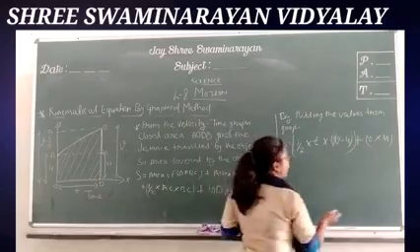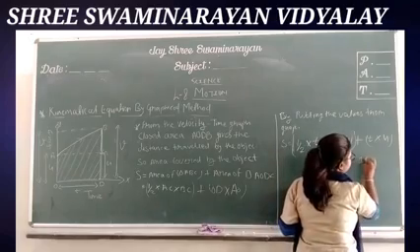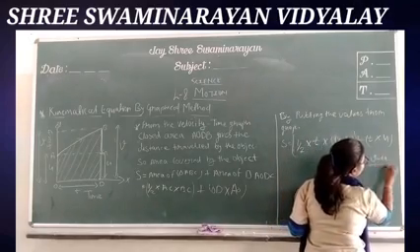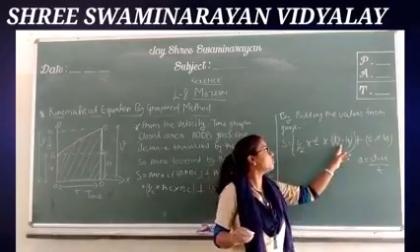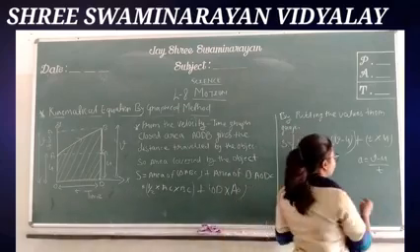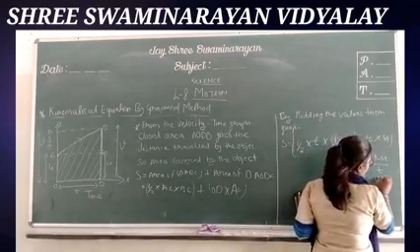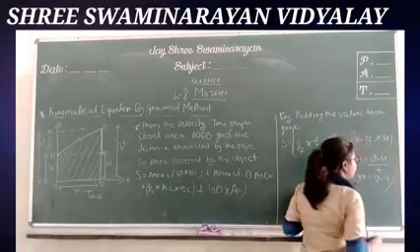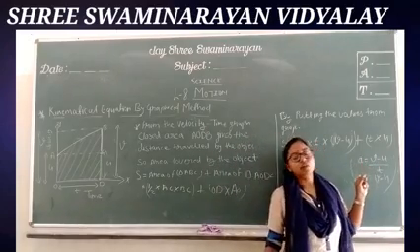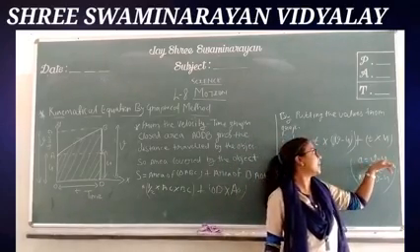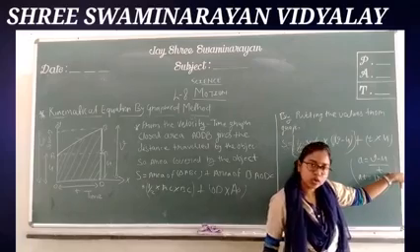Okay students, now from the acceleration formula, A is equal to V minus U by T. So if we want the value of V minus U, we can also write AT is equal to V minus U. What we have done? We know the formula of acceleration is final velocity minus initial velocity with respect to time.